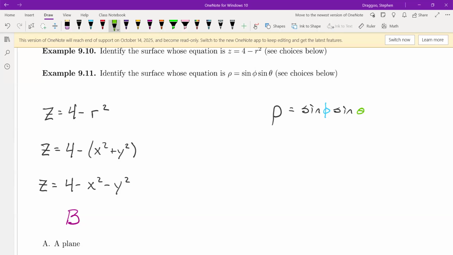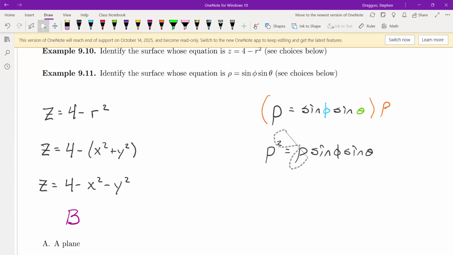So my first step, rather than direct substitution, is going to be to multiply this whole equation by rho all the way through. Because that'll then give me the equation rho squared is equal to rho sine phi sine theta.